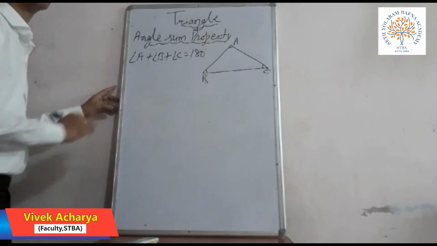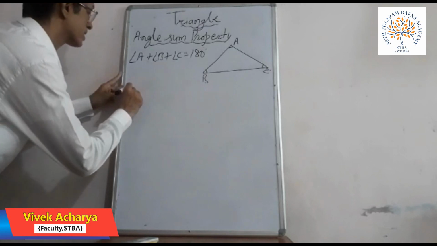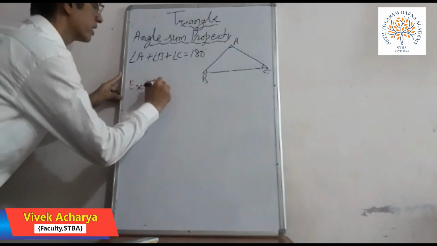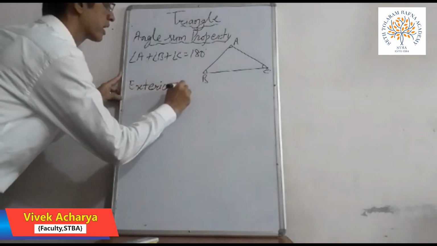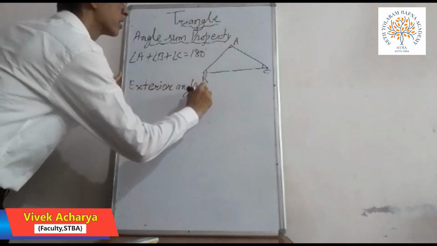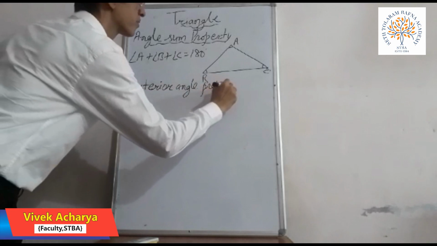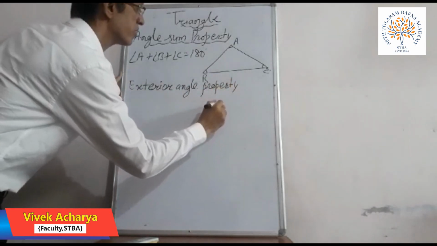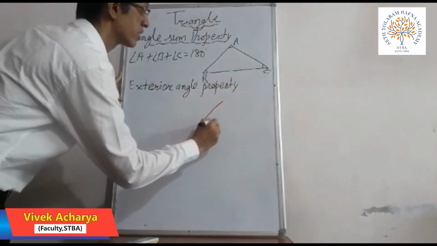Now the second property that I was saying, that is the exterior angle property. The second property. Now just understand the meaning of the exterior angle property.